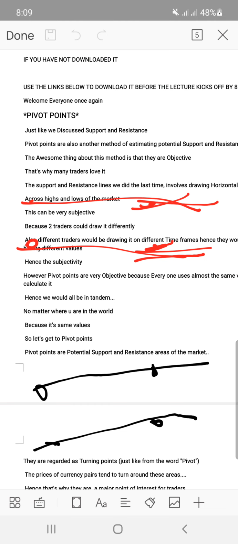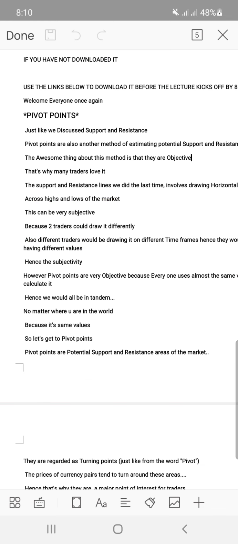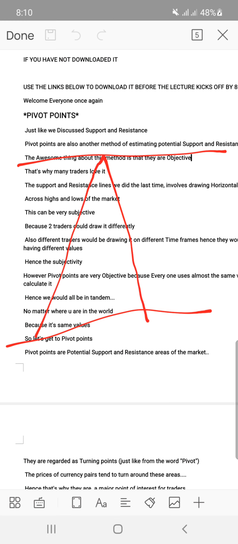So now the advantage of pivot points is that pivot points is an app or a method whereby you can get the general support and resistance. You can get a general support and resistance that every single person can use as a general point for reversal of price.